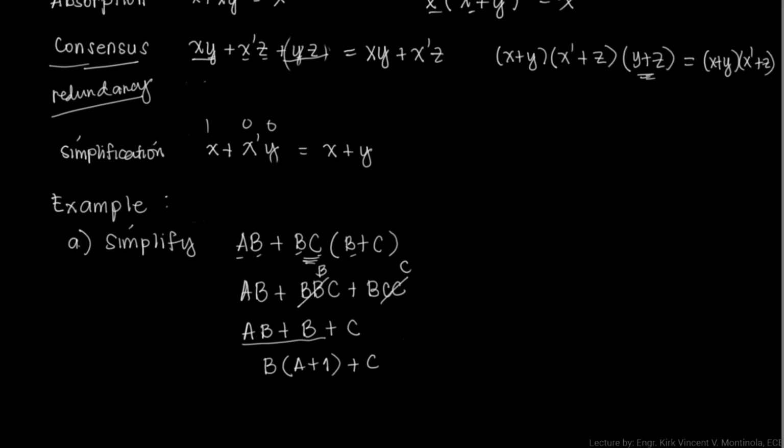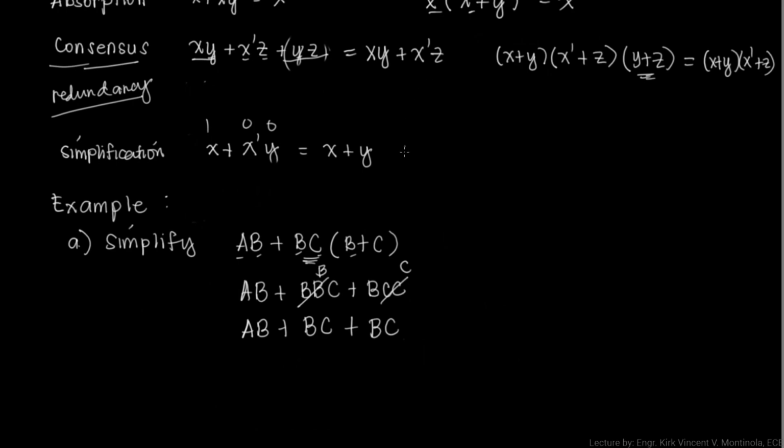There's a thing I forgot. Here, this is AB. So we ignored the C. So that is plus BC. And then this becomes C also plus BC, right?